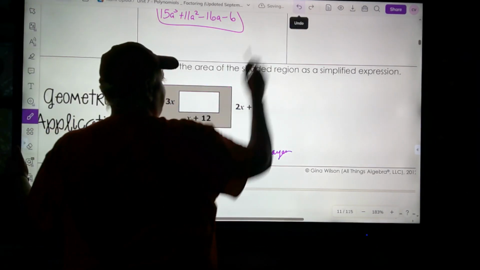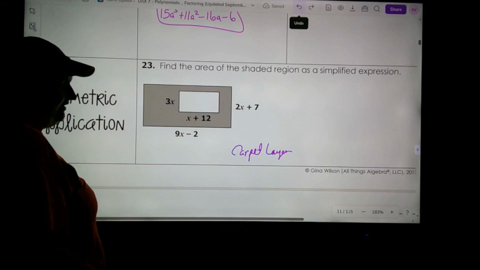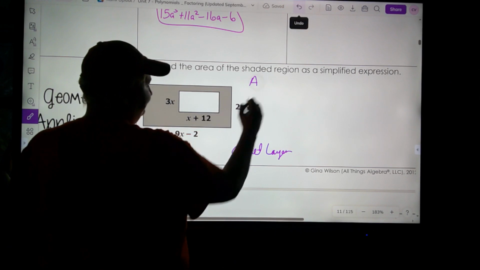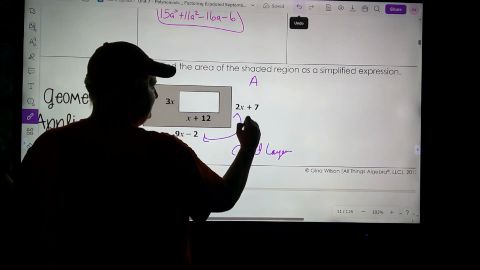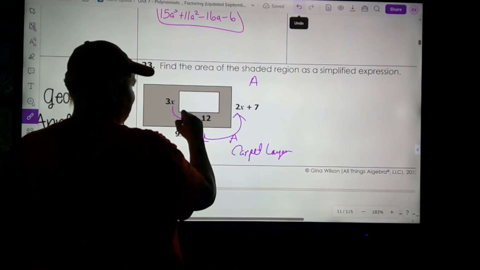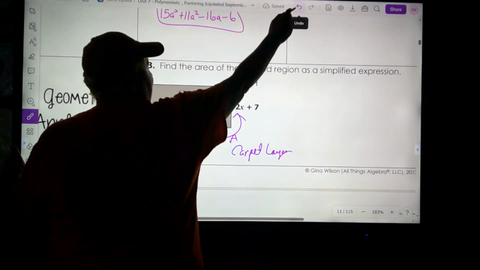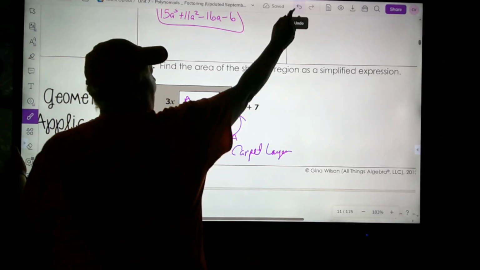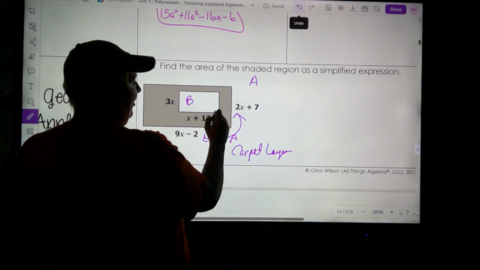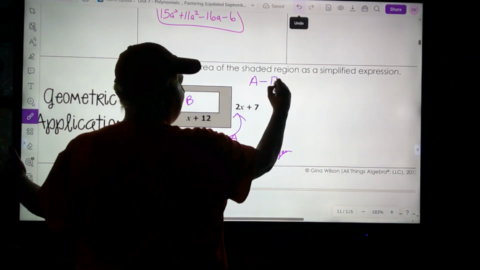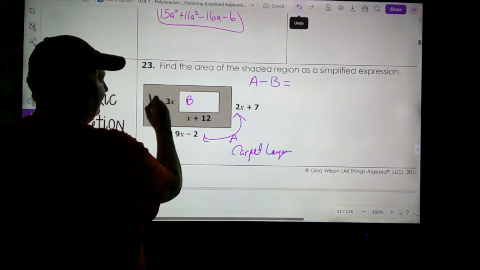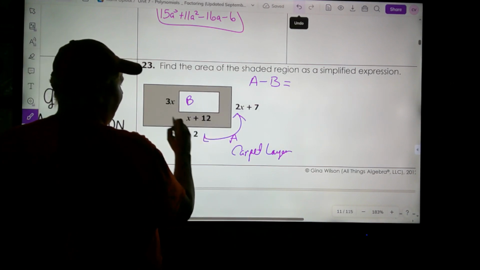You have to buy the carpet that only covers the shaded area, which means you need to know the area of this box, box A, and you need to know the area of the inner box. Let's call that box B. You need to take B off of A so that you can only buy the carpet for the gray area, which is C.